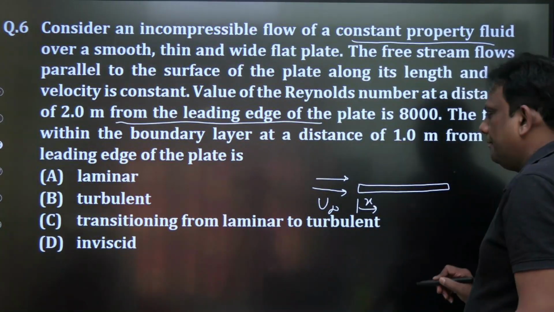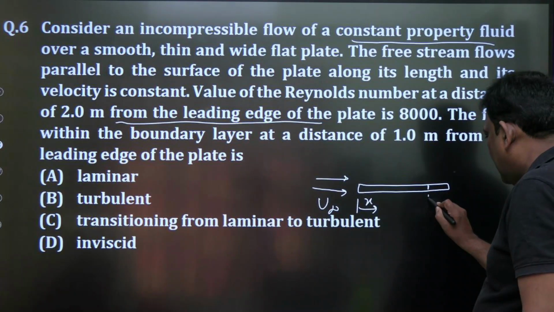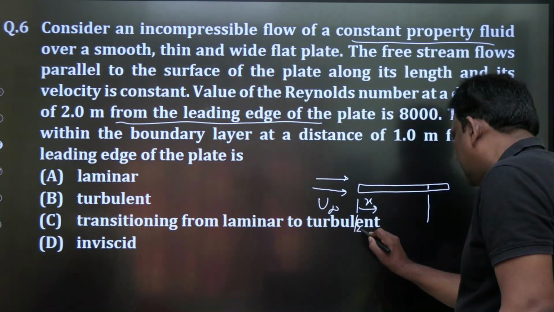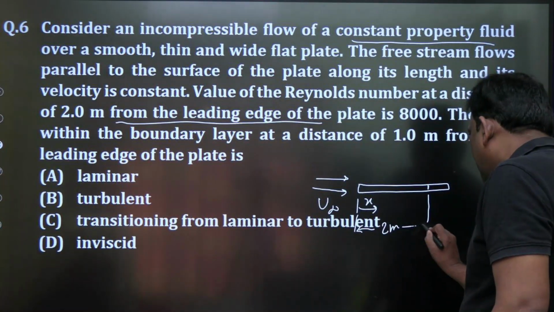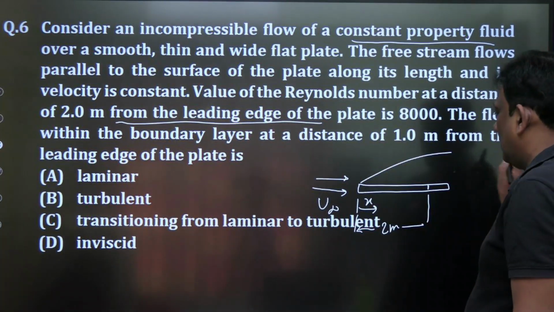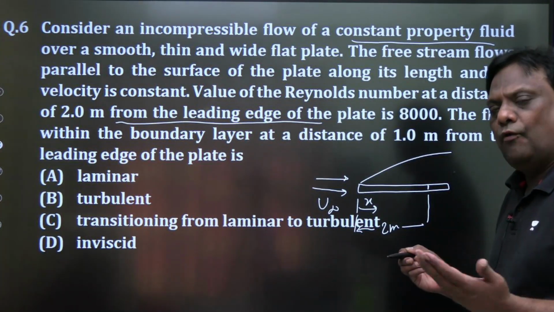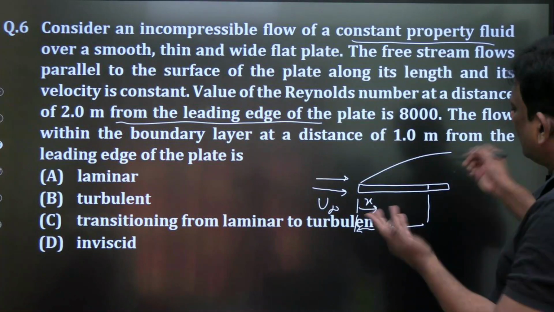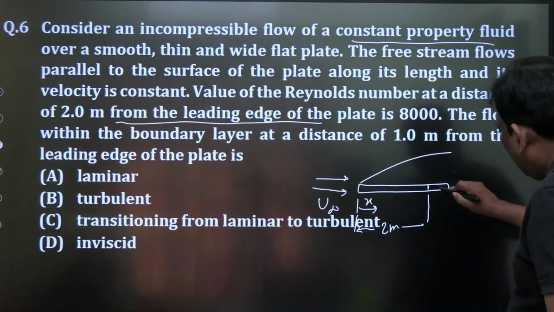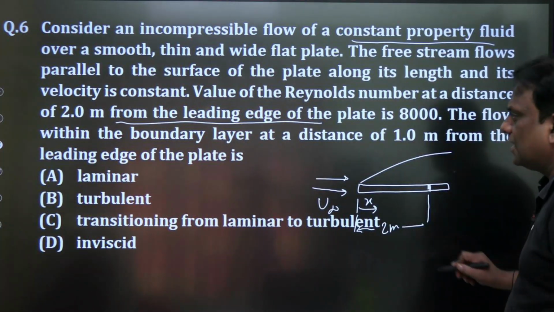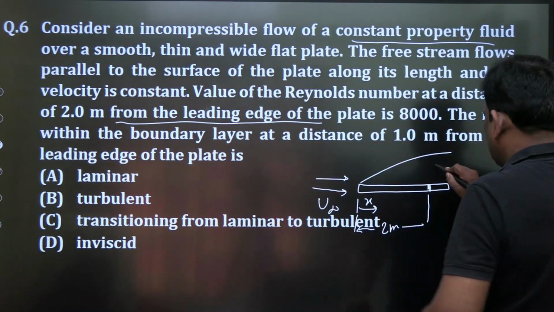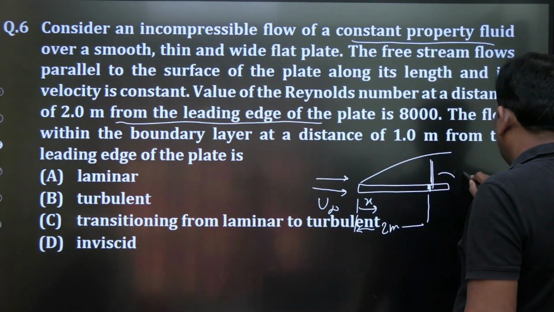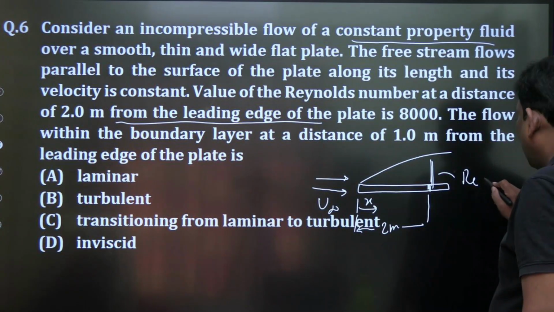At a distance of 2 meter, let this be the boundary layer. I don't know how far it is laminar, how far it is turbulent. At this section, which is 2 meter from the leading edge, the Reynolds number is 8000.